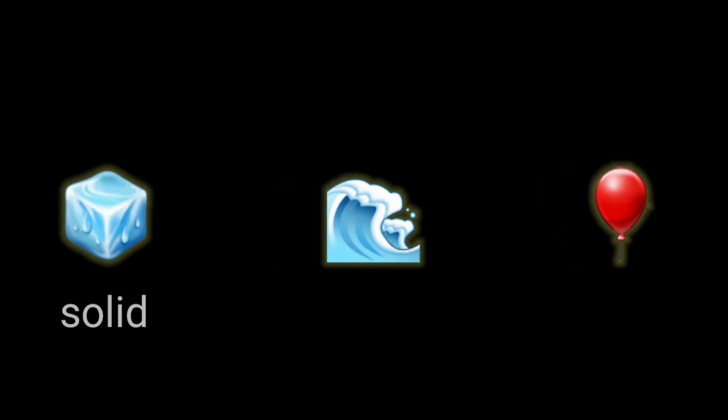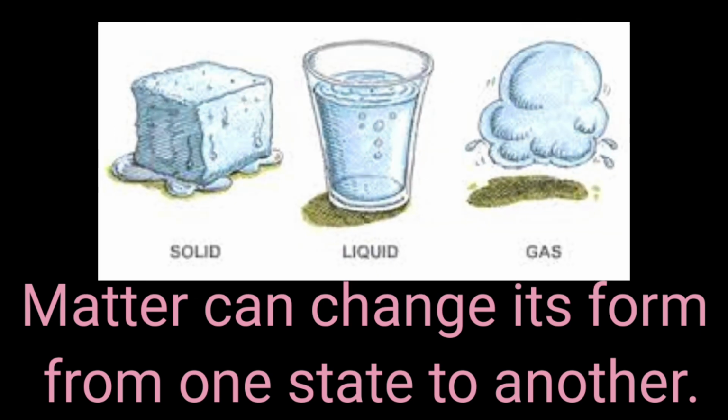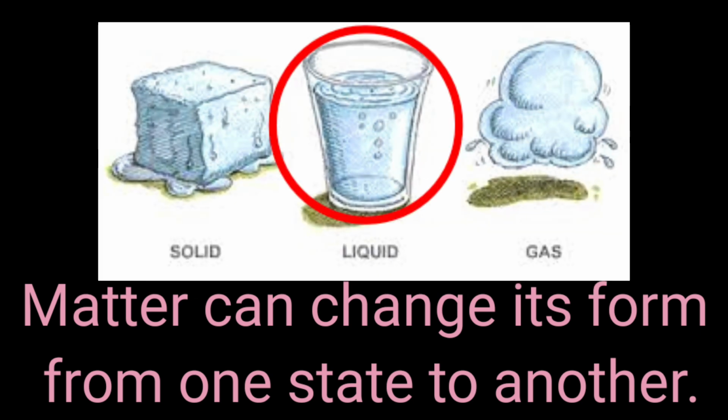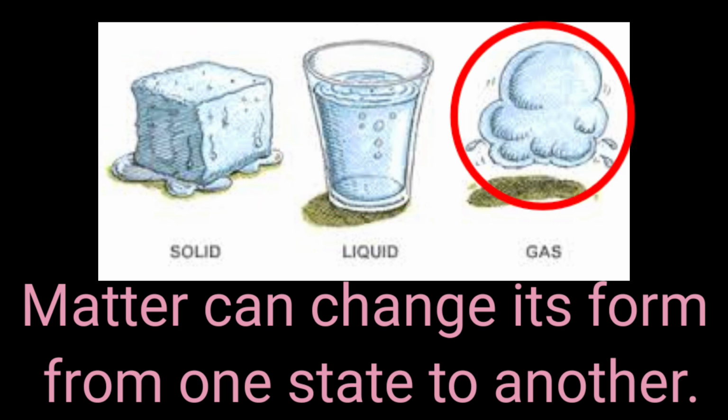Matter exists in three states: solid, liquid, and gas. All three states have a different arrangement of particles, and matter can change its form from one state to another. We can take the example of water. Water is an example of liquid form, ice is an example of solid form, and water vapor or steam is an example of gaseous form.